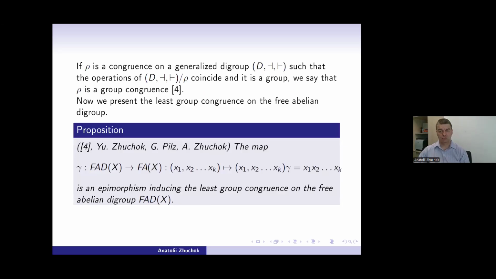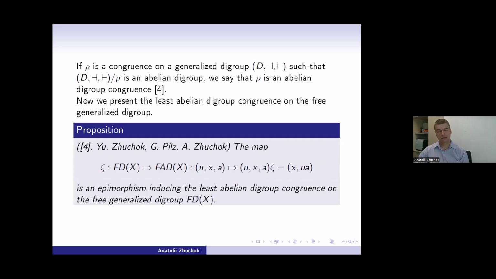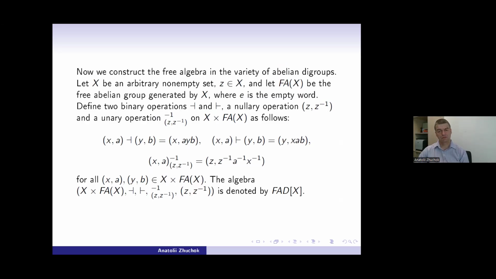So now I want to note that this result, the free abelian group on a set, was given not for a variety. This is a free object in a class, but now we construct a free algebra in the variety.